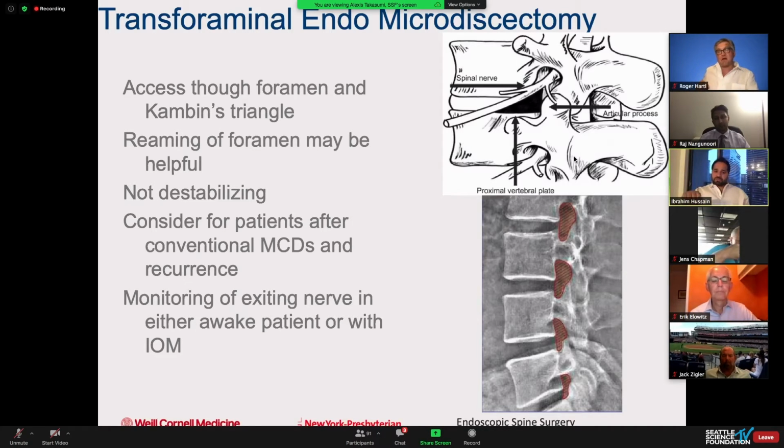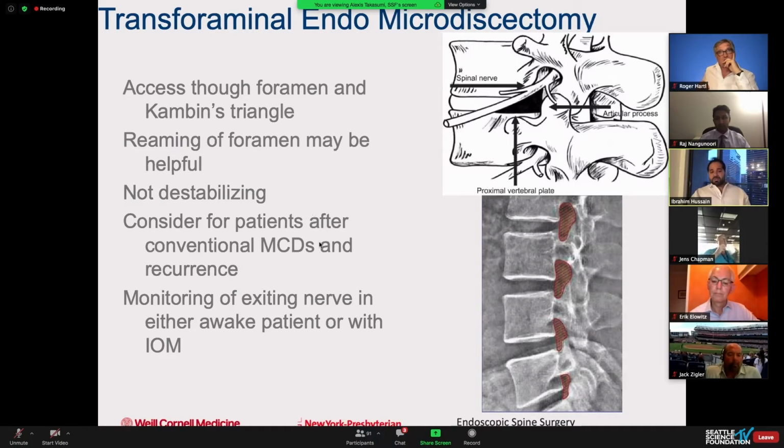Here, oftentimes, you need to do a little bit of reaming in order to open up your foraminal window. The key thing is that this is typically not a destabilizing procedure, even though you're reaming part of the joint out. It's an excellent option for patients who've had a prior conventional, let's say, tubular open posterior discectomy. If they have a recurrent disc herniation, you don't want to go back through the same scar or incision as before.